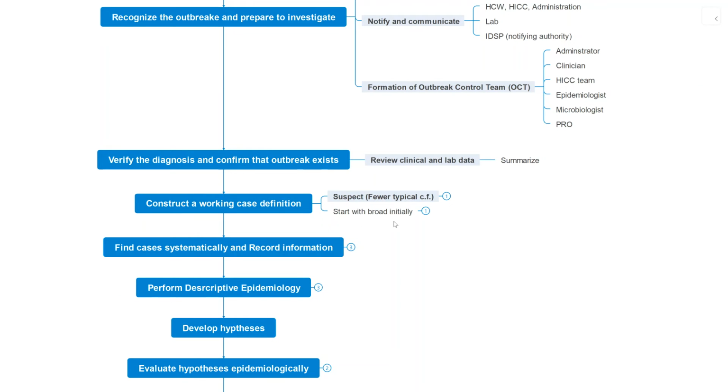If you have even a few typical clinical features, you suspect it is a suspected case. Then with typical clinical features, it is a probable case, and if it is lab verified, then you can stamp it as a confirmed case. So in outbreak management, you will see suspected, probable, and confirmed cases. You start broad initially and gradually narrow it down.